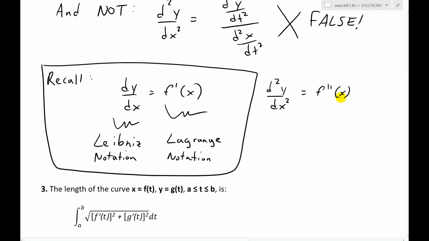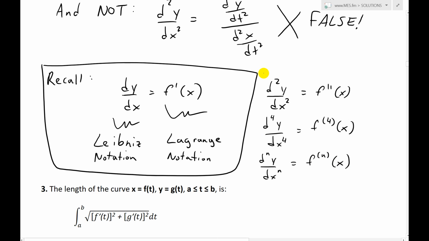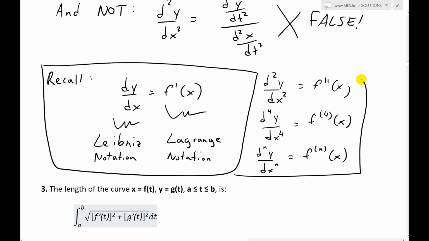For really large derivatives, for example 4, this is d4 y over dx4, which we could write as f with a bracket 4. In general, you just have d to the power of n over dx to the n equals f bracket n. We could box this out. This is Leibniz notation, and this is the Lagrange notation.